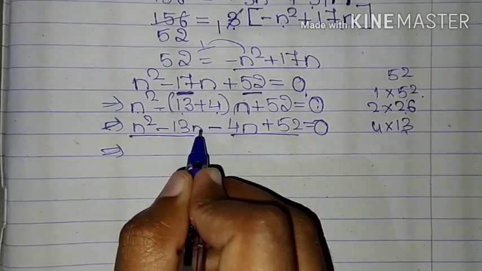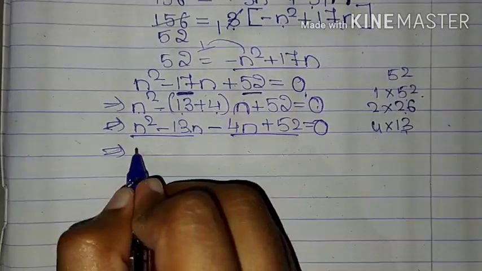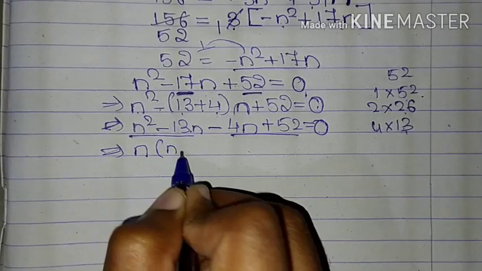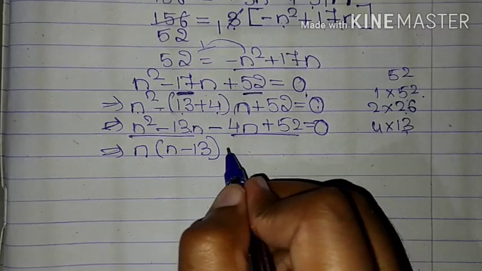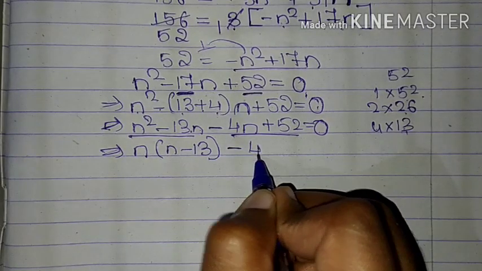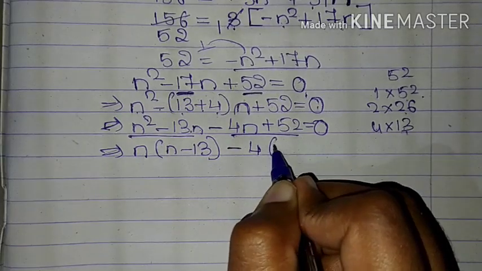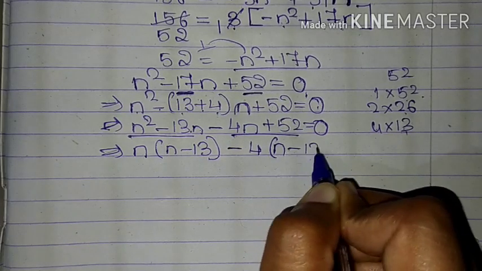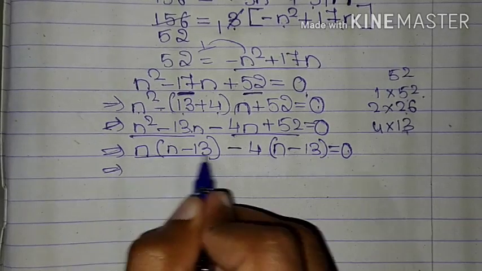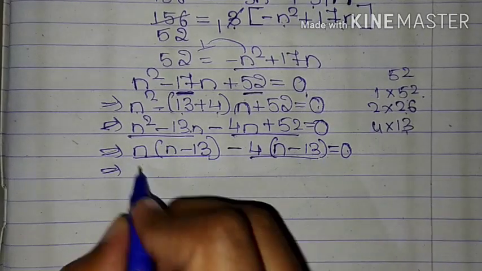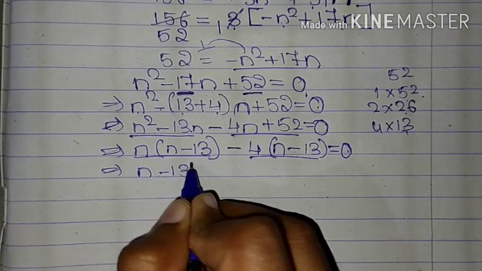Now let's group them together. In n square minus 13n, the common term is n. The remaining value will be n minus 13. Then minus 4n plus 52, the remaining value will be n minus 13 is equal to 0. So now in these two terms, what is common? The common term is n minus 13.